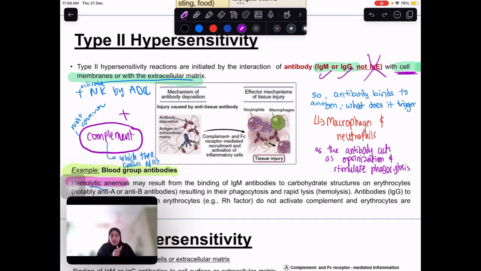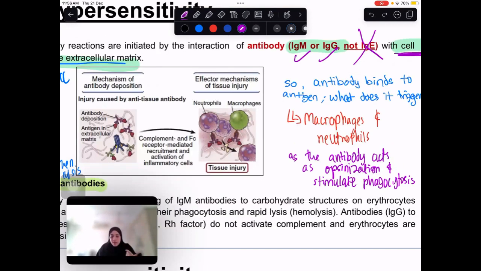First one, it can do the inflammation, right? It can do the lysis through the MAC. It can cause the opsonization. So now the antibody is activating the complement for all these three things. On the opsonization, I'm going to be having phagocytosis with the macrophages and the neutrophils, right?